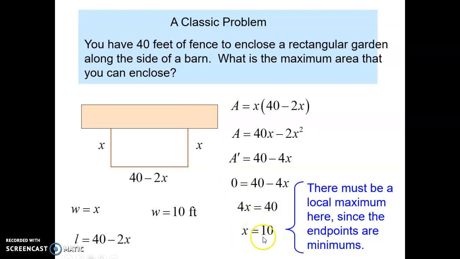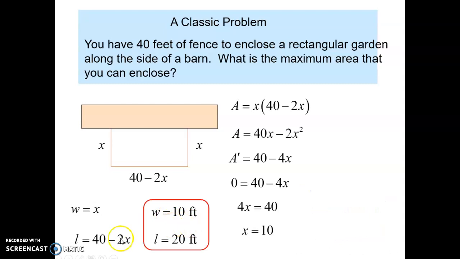So this means that the width would actually be 10 feet, and the length must be 40 minus 2 times 10, which would be 40 minus 20, which would be 20 feet. So then we have to go back and ask, what is the maximum area? They're asking me, what is the maximum area that I can enclose?